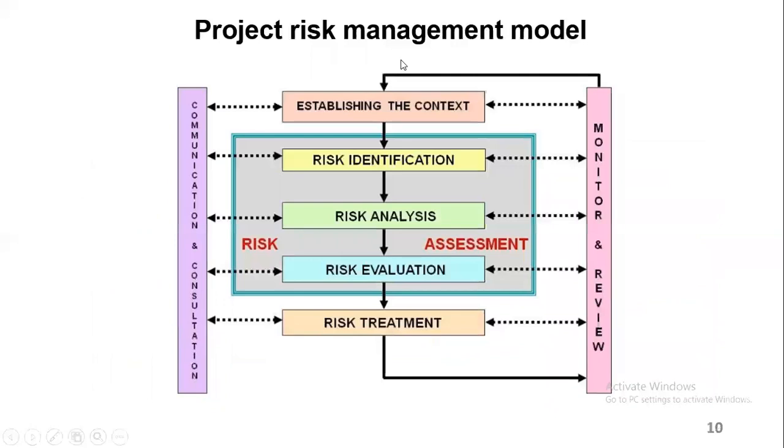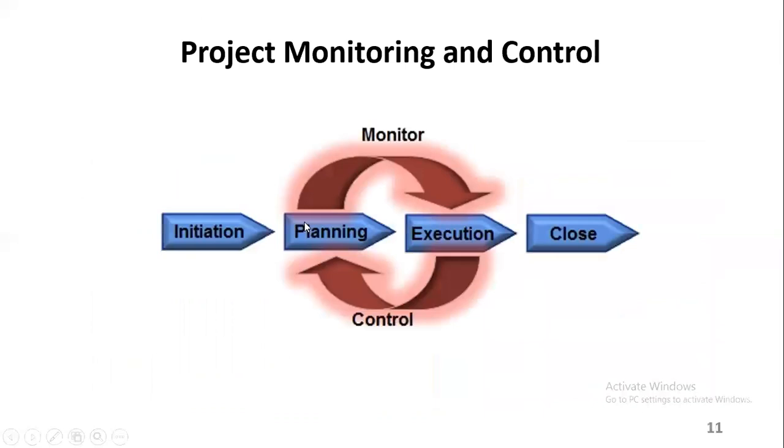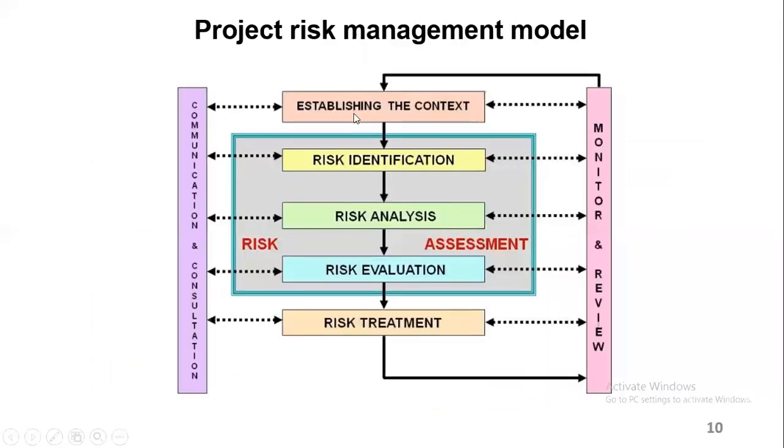Okay, and then this diagram here, this model here is just showing everything we've done so far as far as risk management is concerned. So when you're doing your risk assessment, you start off with risk identification, then risk analysis, and your risk evaluation, in terms of your probabilities and impact. And then you do your risk treatment, your mitigation.